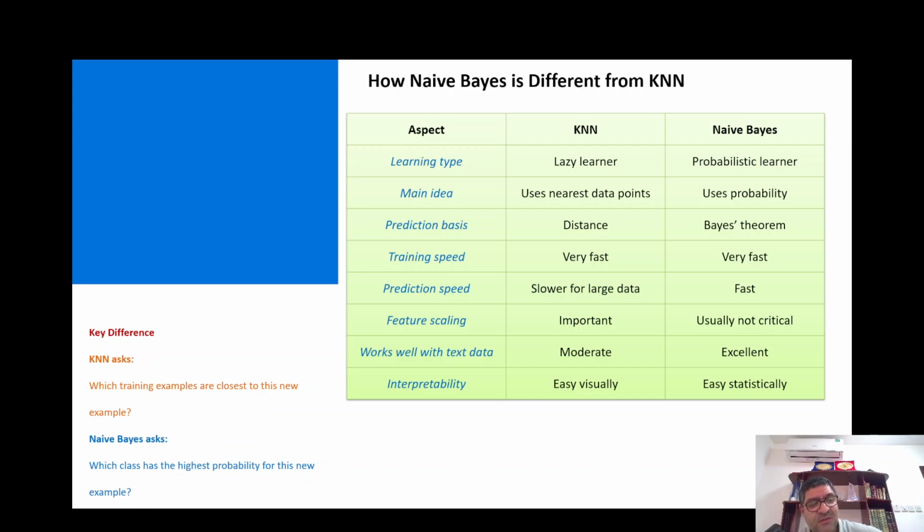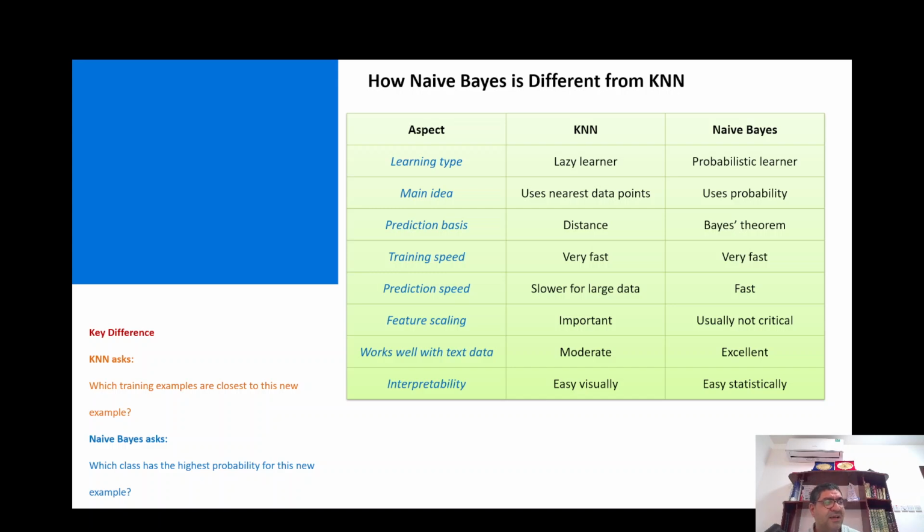Interpretability: KNN is easy to view visually, as we have seen, for example, with different kinds of distance matrices, and with that we are able to view it very easily. For naive Bayes, it is not visual, but statistical analysis works very well. So these are the areas.